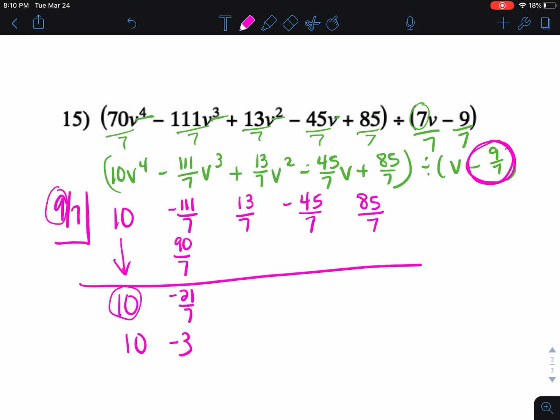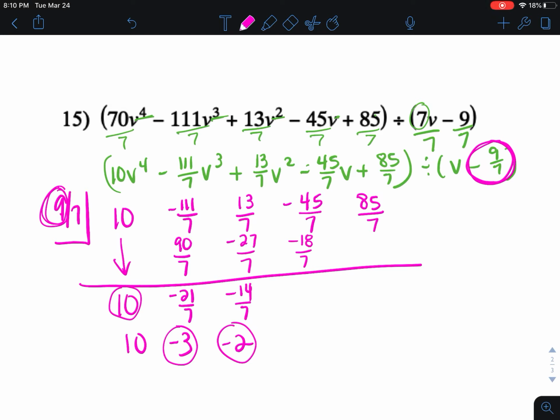All right, now we're going to take negative 3 times 9 gives me negative 27 over 7. All right, so then we have 13 plus negative 27, and that gives us negative 14 sevenths, which of course is negative 2. And then 9, again up here, the 9 times my negative 2 is negative 18 over 7.